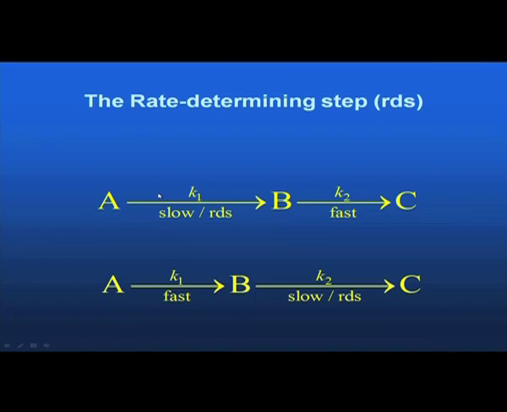So, what is a rate determining step? Now, in short it is called RDS. Suppose we have a complex reaction of the form A to B to C. Of which the first step has rate constant K1 and the last step has the rate constant K2, and among these two steps the A to B step is the slower one and the B to C step is the fast one, that is, it occurs very fast, it does not take time.